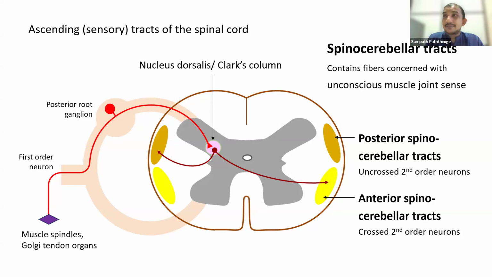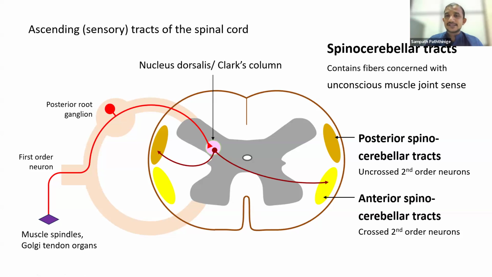We are not really perceiving that, but the cerebellum receives that information through two tracts, the spinocerebellar tracts. The first order neuron ends in the posterior gray horn in Clark's column, or the nucleus dorsalis. And there are two tracts.